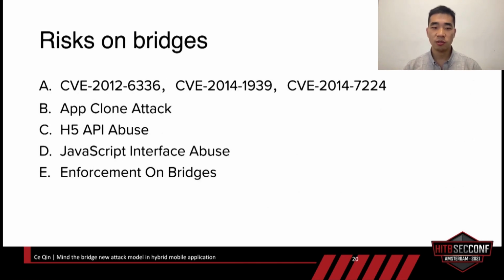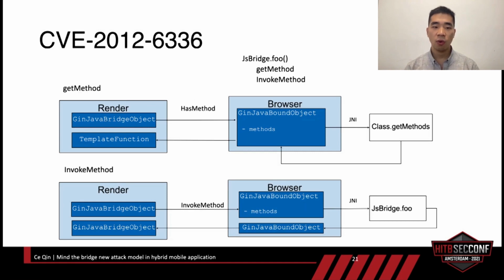These bridges provide powerful features but also present security risks. When a JavaScript interface is invoked, there are at least two opcodes in the JavaScript engine. First, getMethod.